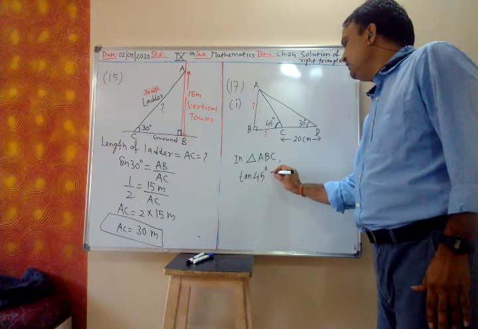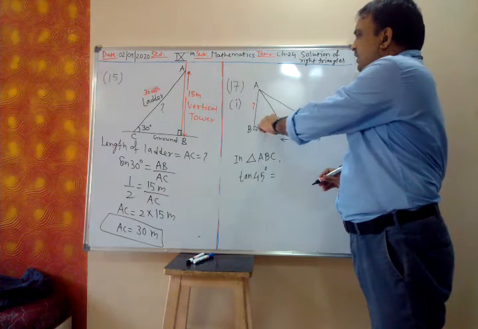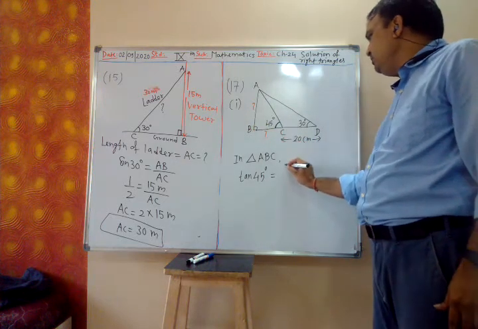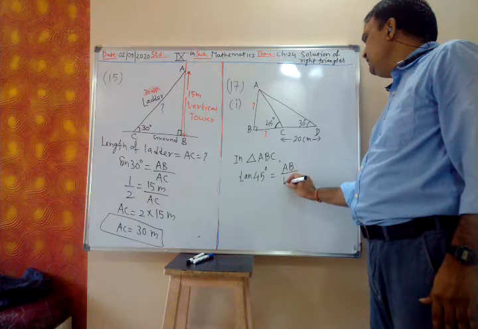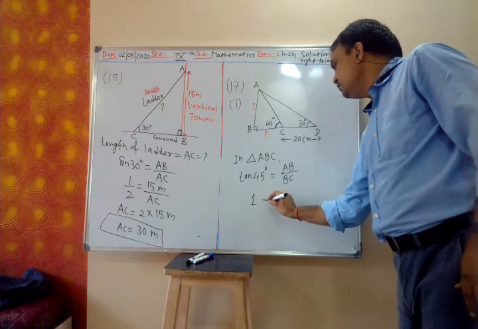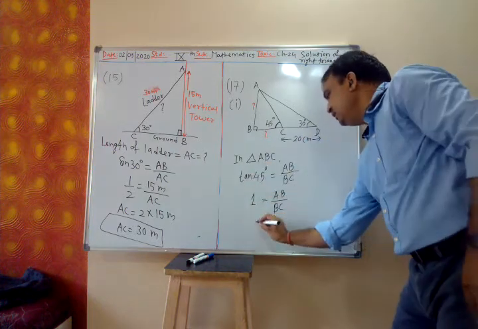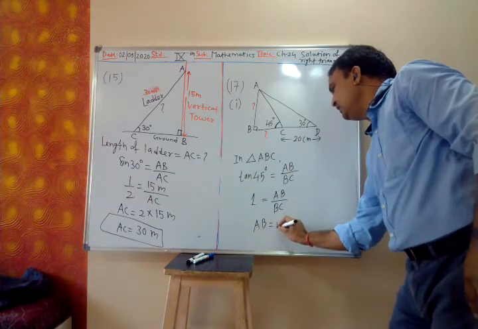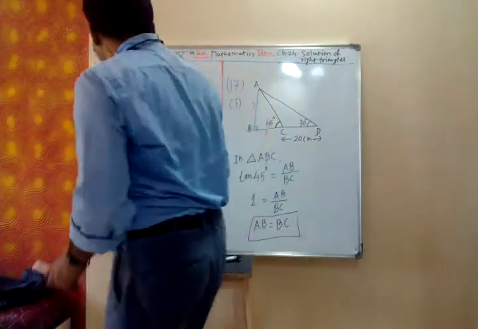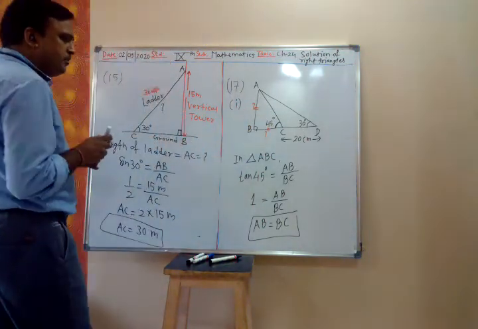Tan 45 is opposite upon adjacent, AB upon BC. But what is tan 45? Tan 45 is 1. So 1 is equal to AB upon BC. Now you cross multiply. You will get AB is equal to BC. They are equal.